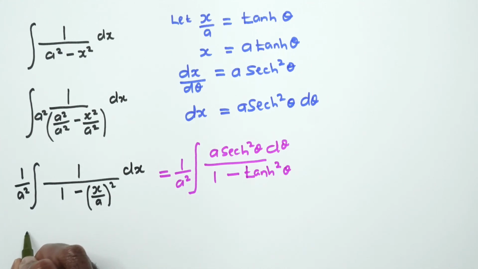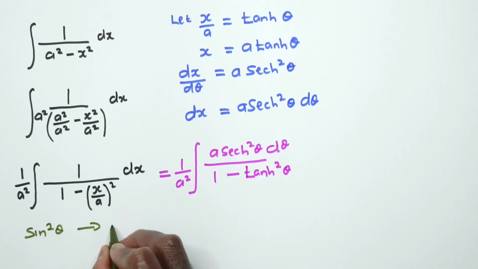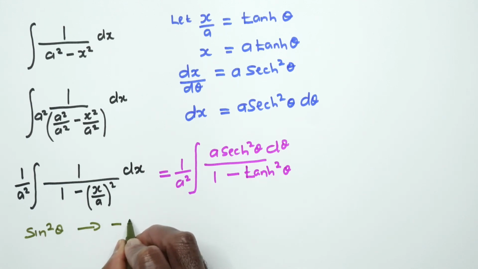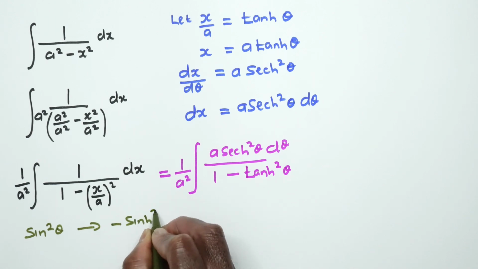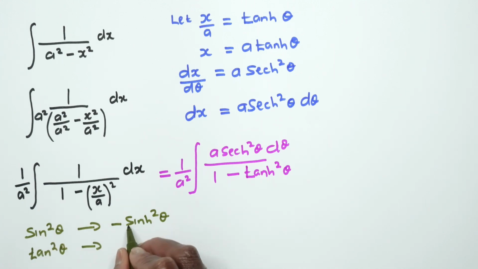Well, if I take sine squared theta and I convert it to hyperbolic sine, it will be minus sine hyperbolic squared theta. But tan squared theta is sine squared theta over cos squared theta. So if I convert that to hyperbolic tan, because sine squared converted to hyperbolic sine is minus, I'm going to get minus hyperbolic tan squared theta.